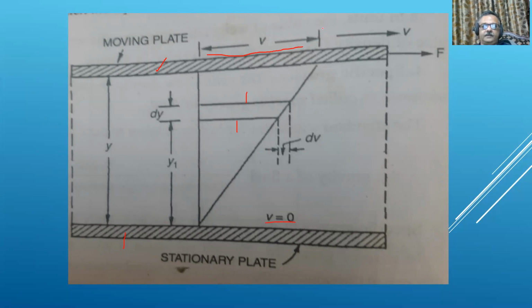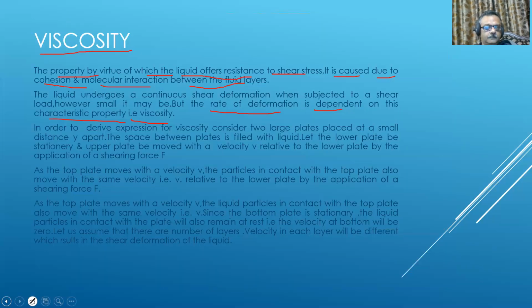So upper plate is moving, velocity is v, and lower plate is at rest, the velocity is 0. So students, this is the thickness. The dy is the thickness between the two layers, and this dy represents the velocity of the two layers, that is the upper layer and the lower layer.